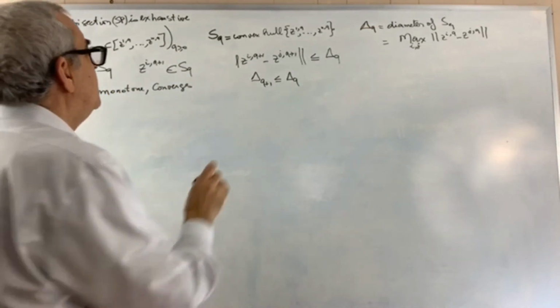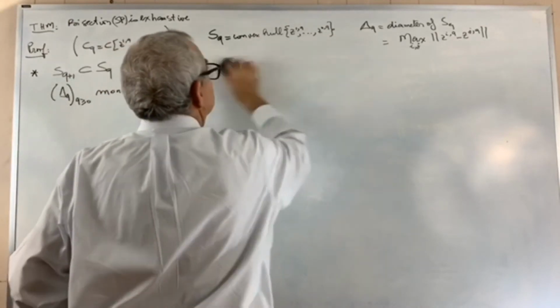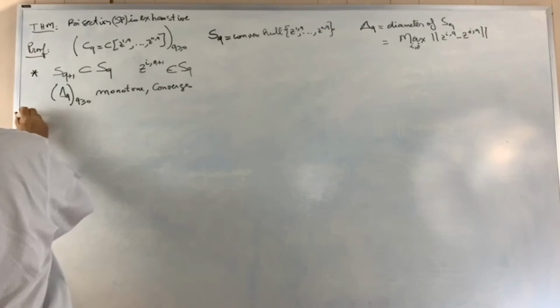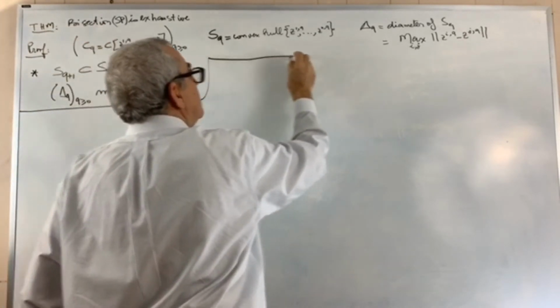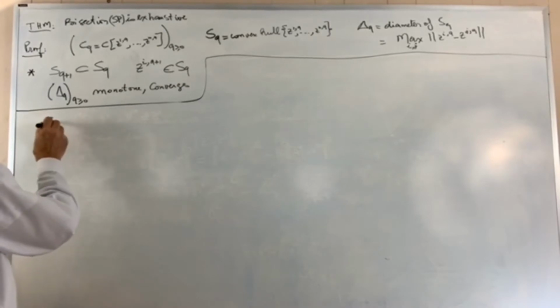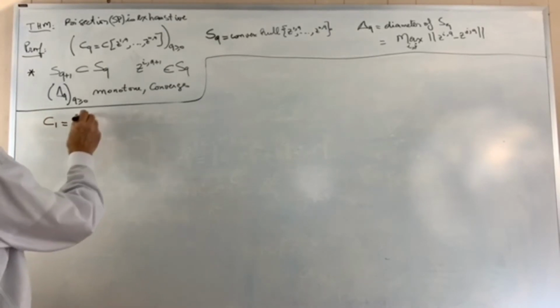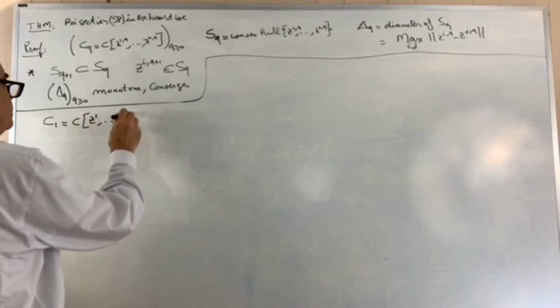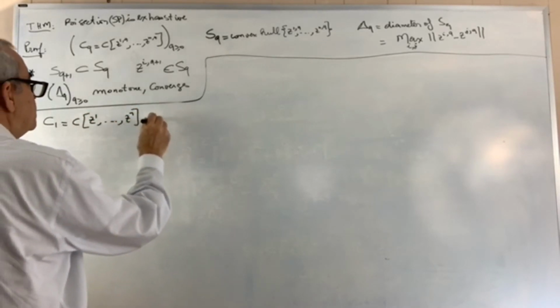Okay. So I'm going to call C1 equal to C of Z1 through Zn, any cone.